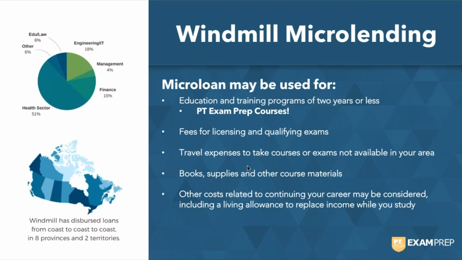And if there's other things, once again, there's a lot of flexibility in the program. If you have gaps in your living allowance, in your budget, once you come here, you might need childcare, daycare costs, anything like that, speak with your career counselor at Windmill, and it's usually pretty flexible, and we try to help you out in any possible way.